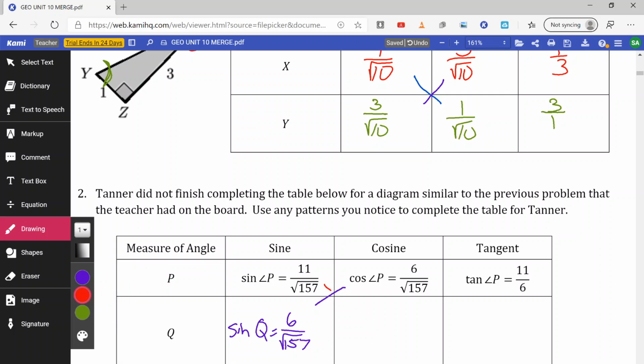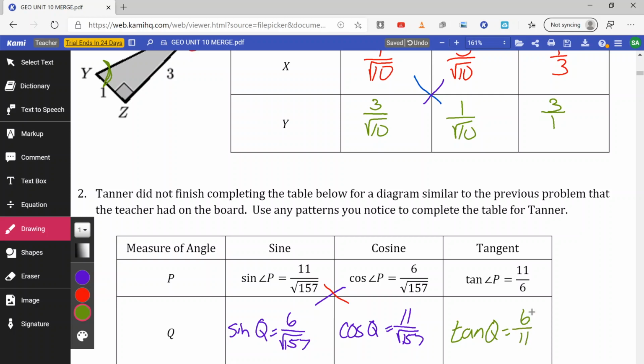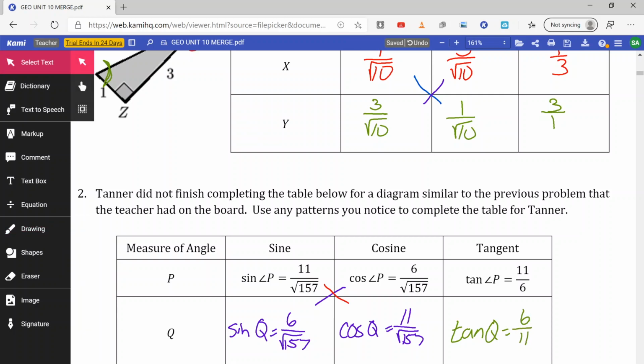We also know sine of P is going to be cosine of Q. So 11 over square root of 157. And we know tangents are inverses. So all I have to do is take the tangent of P and flip it to get the tangent of Q. So 6 over 11 would be our tangent.